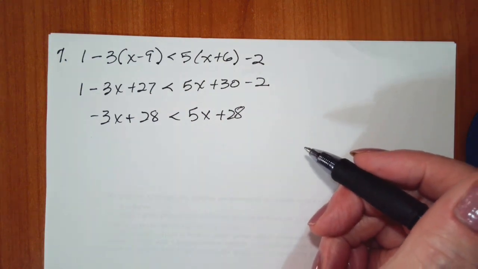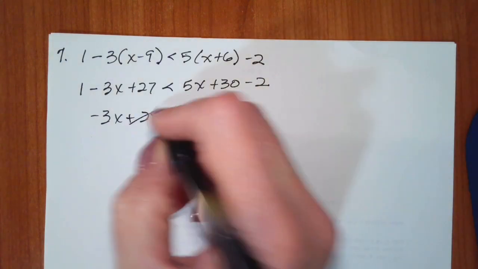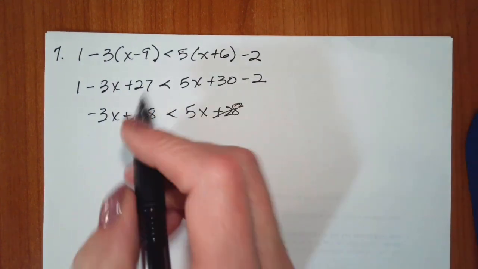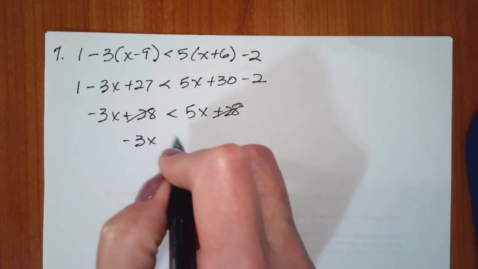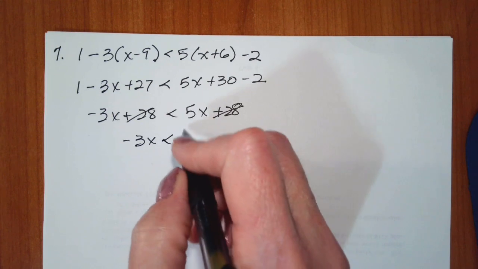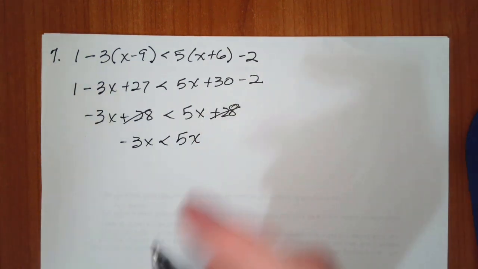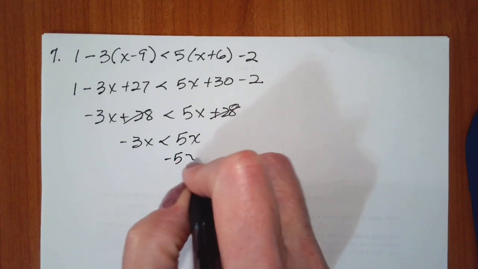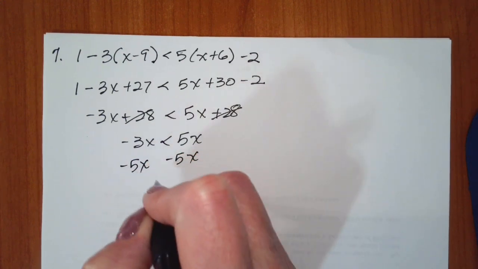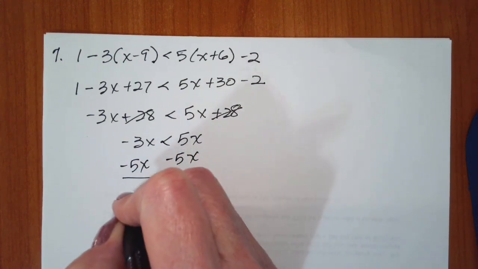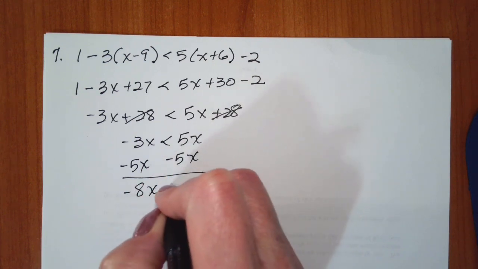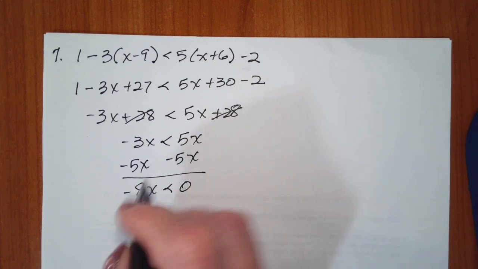Okay. Well, if I subtract 28 from both sides, that goes away, so I have negative 3x is less than 5x. I like to have my variables on the left, so I'm going to subtract 5x from both sides. So that gives me negative 8x is less than 0.